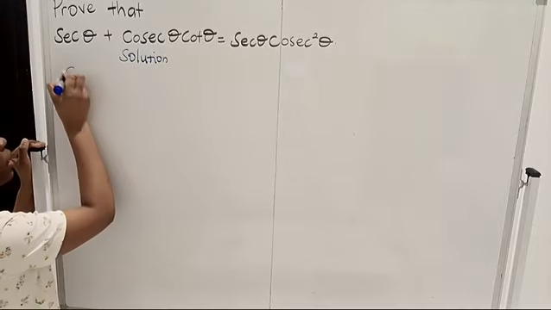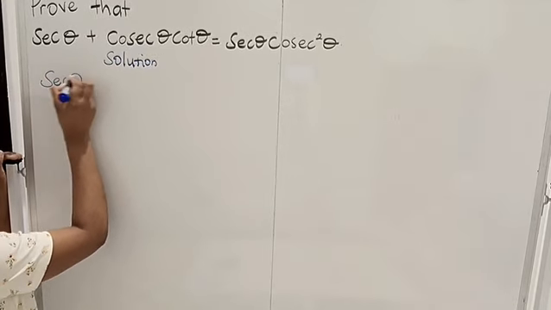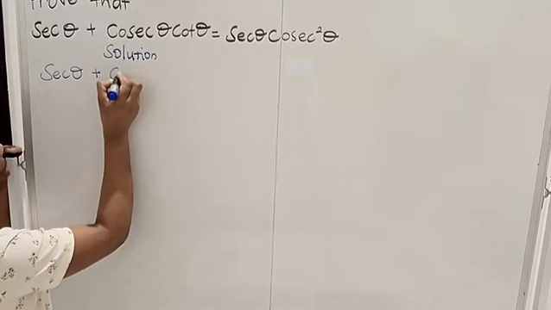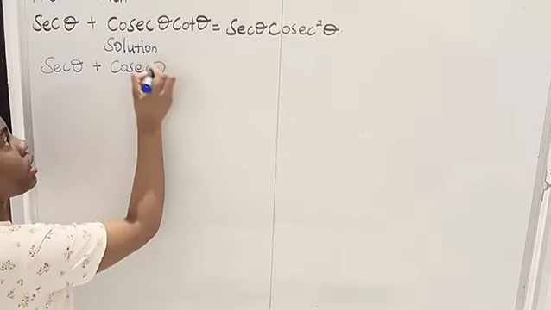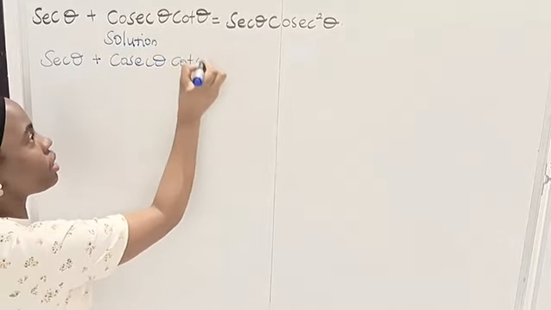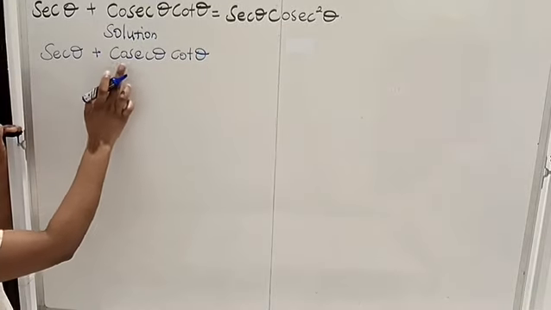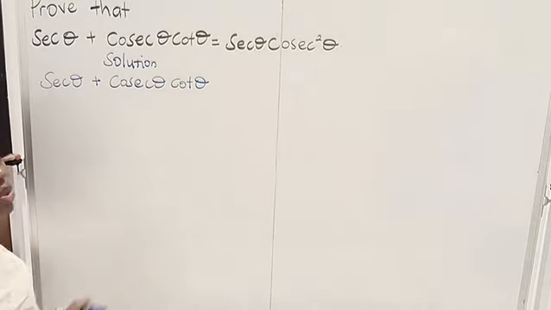Okay, so in our solution we have sec theta plus cosec theta cot theta. What is sec theta, what is cosec theta, and what is cot theta?